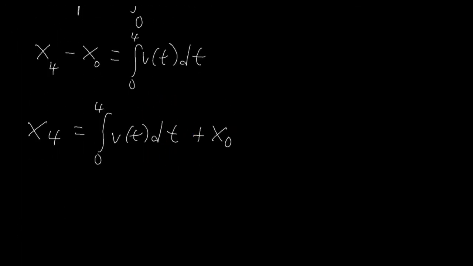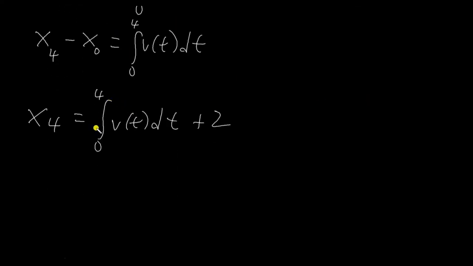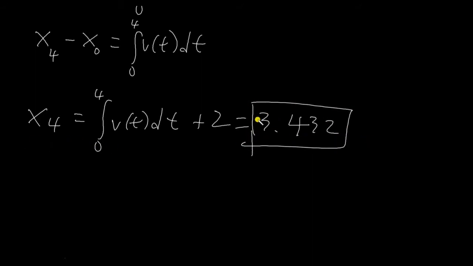So at time t equals 0, the position is 2. So I'll put a 2 in there. And then we know the velocity function, it's given to us here. So you can put this in your calculator, add 2 to it, and you'll get out your final answer of 3.432. Remember, this is the position at time t equals 4. Is that what they wanted, right?